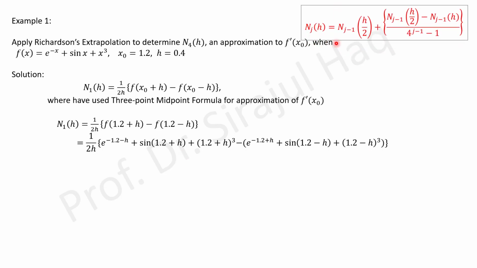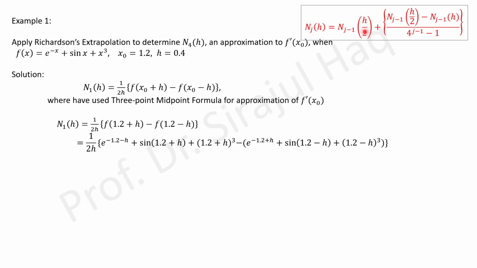You know this was the formula, and you can see that you need N4 of h. For N4 you need N3 of h divided by 2, and for N3 of h divided by 2 you need N2 of h divided by 4, and for N2 of h divided by 4 you need N1 of h divided by 8.